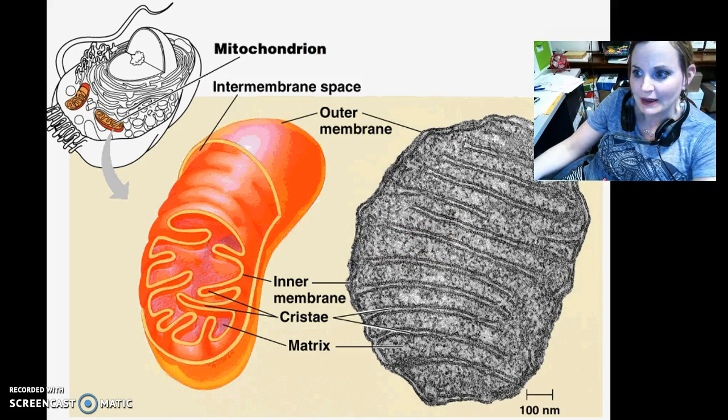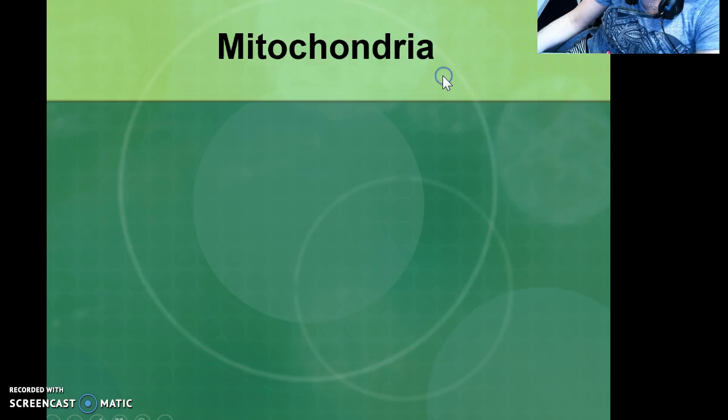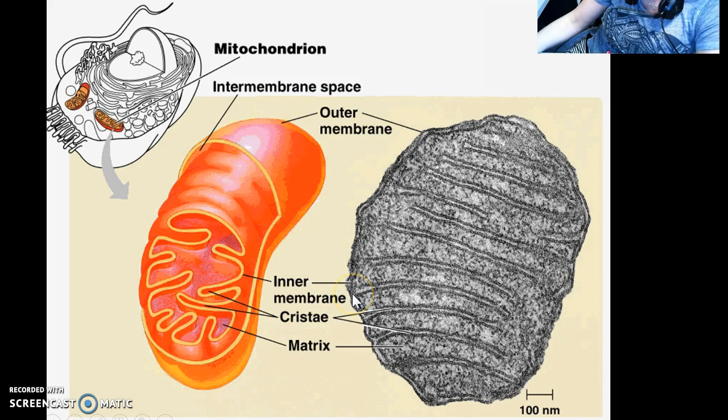Mitochondria is your powerhouse of the cell. This is where aerobic respiration takes place. So we'll spend an entire video talking about aerobic respiration as well. But this is basically where ATP is made, and that's how you take the food that you eat and extract the energy from it.